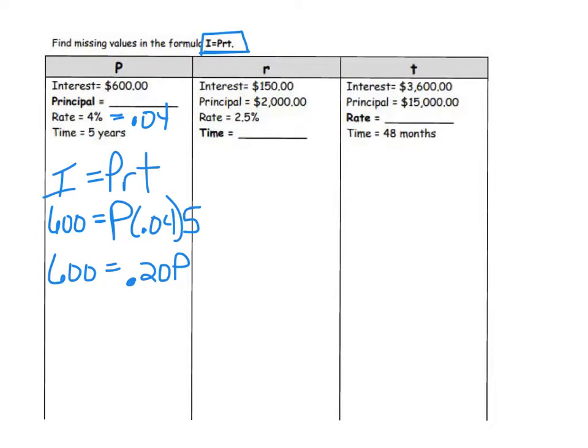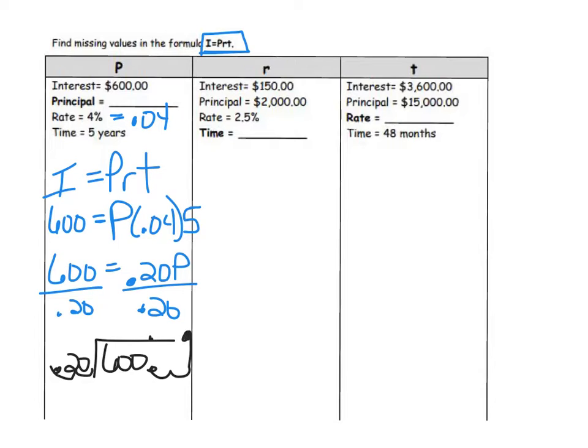So what do I need to do in order to solve this? Divide by 0.20. Okay, so remember, because we are dividing with a decimal, we have to write it as 600 divided by 0.20. And what do we do with a decimal? Kick the ball to the wall. And here, we have it here, so it's kick the ball to the wall and bring it straight up. Okay, so we add those zeros.